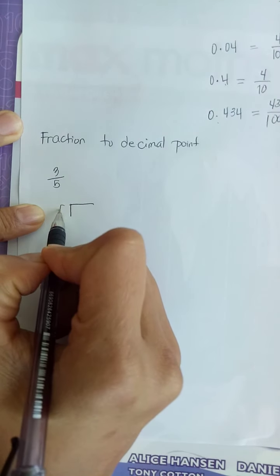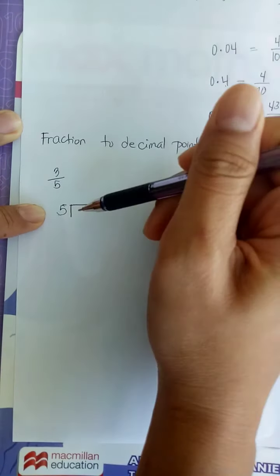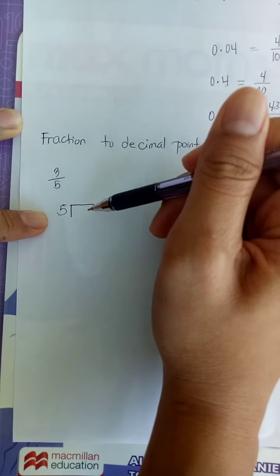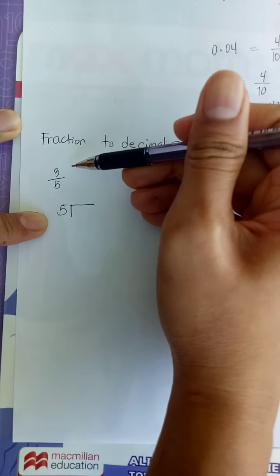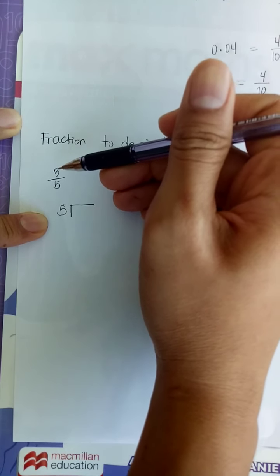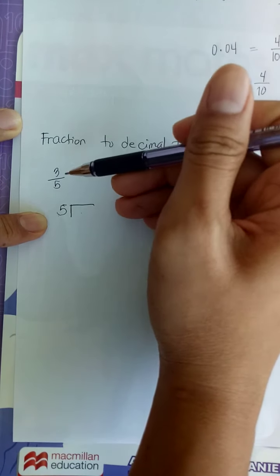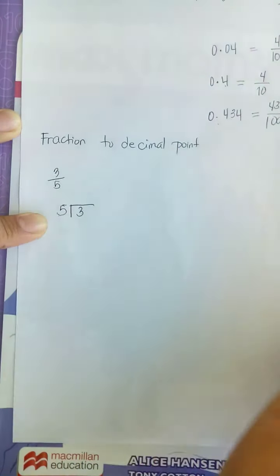So in this example, I'm going to write 5 because 5 is our denominator. And the number that you're going to put inside, your dividend, will always be your numerator. No matter what the number is on the numerator, that's the number you're going to put inside. So for this example, we have 3. So I'm going to write 3 inside.